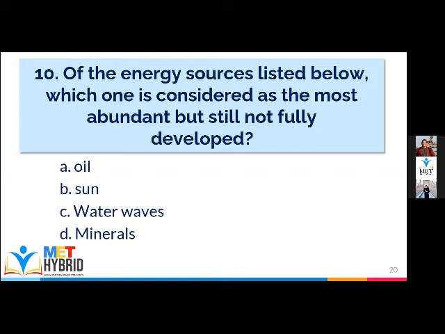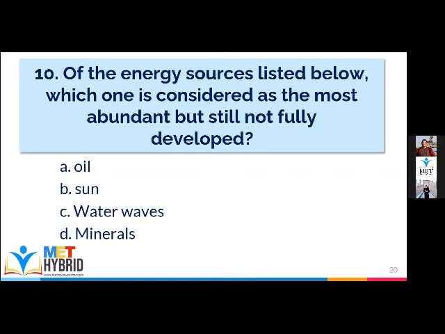Okay? And in the context of our country, the Philippines, we are not yet fully developing and harnessing the power of the sun. Basically, yung mga very rich institutions and factories, they are only the ones who are using photovoltaic cells or yung mga solar panels to get energy coming from the sun.